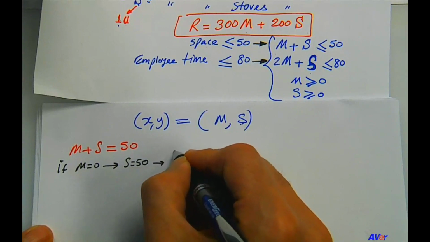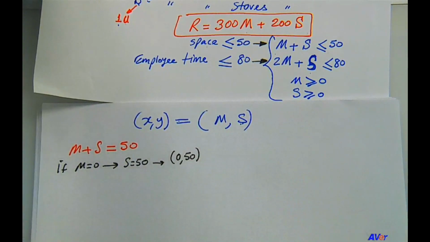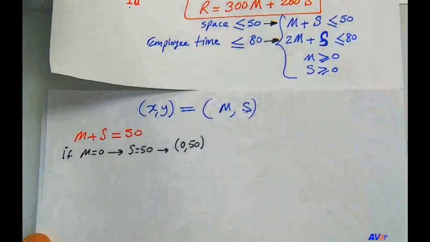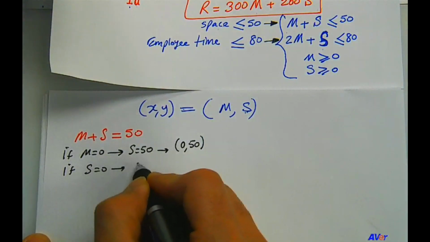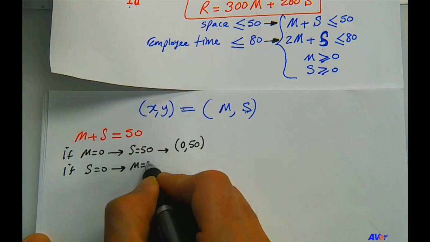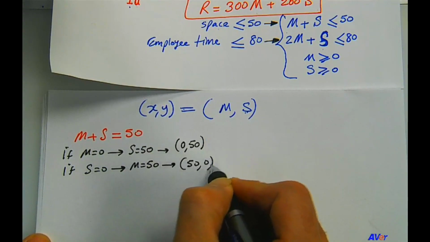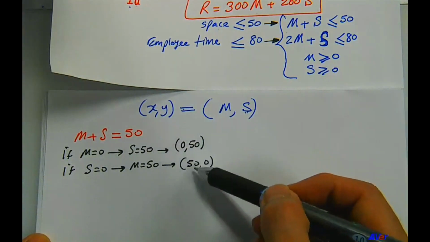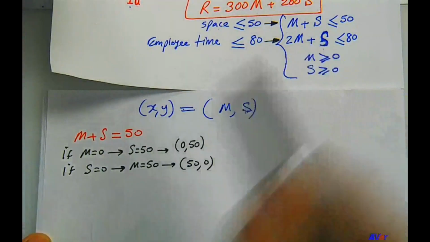So we have 0, 50, our y-intercept. Next, if s equals 0, then m equals 50. Therefore, the x-intercept is 50, comma 0. So let's graph this before we move to the second inequality.